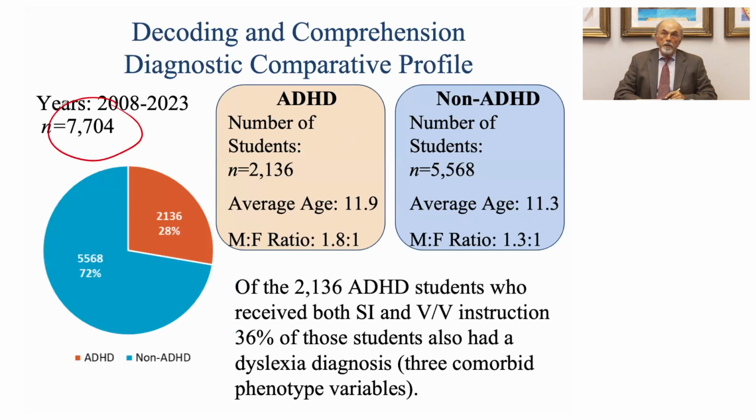Of the 2,100 students who were previously diagnosed with ADHD and received both symbol imagery and or visualizing and verbalizing instruction, decoding, and language comprehension, 36% of those students also had a dyslexia diagnosis. In other words, 3 comorbid phenotype variables. It gets more and more complicated, but that doesn't take away from the responsibilities of addressing on a customized basis, differentiating from differential diagnosis, differentiating under a prioritized way, customized intervention.